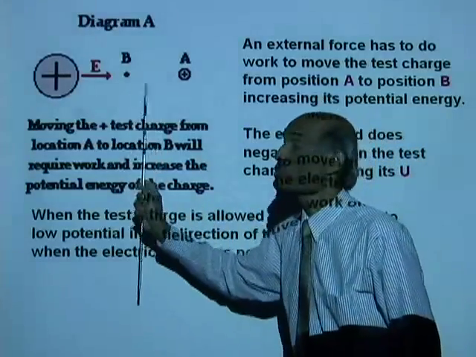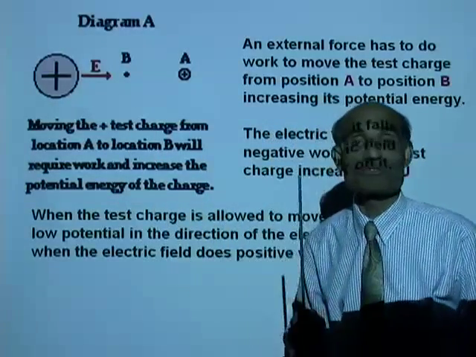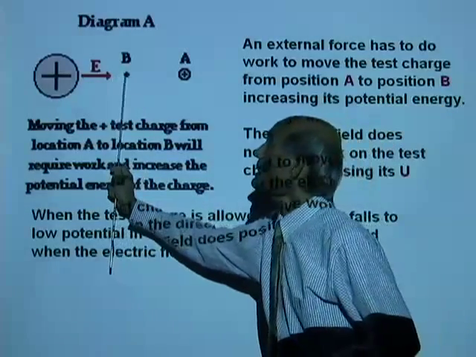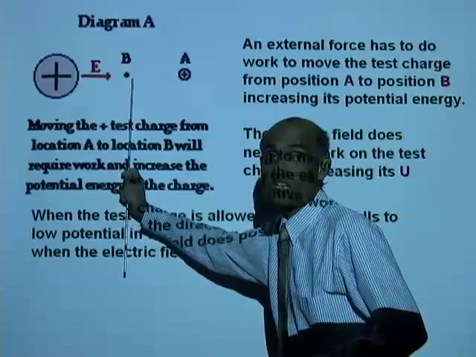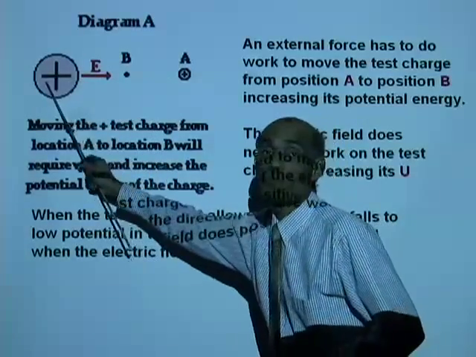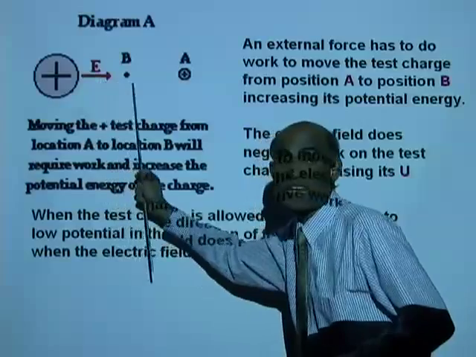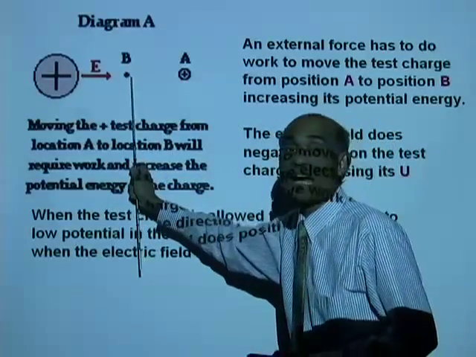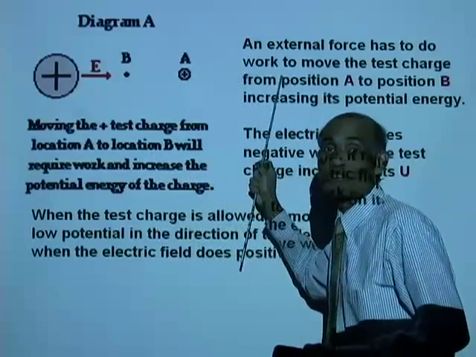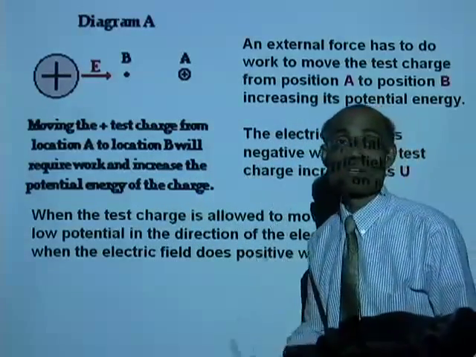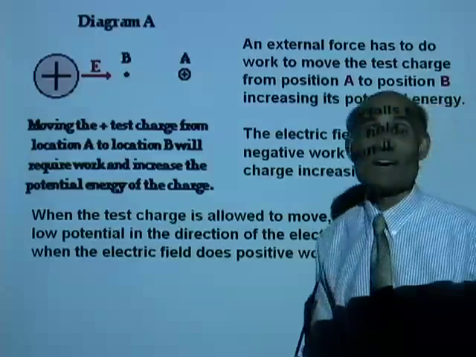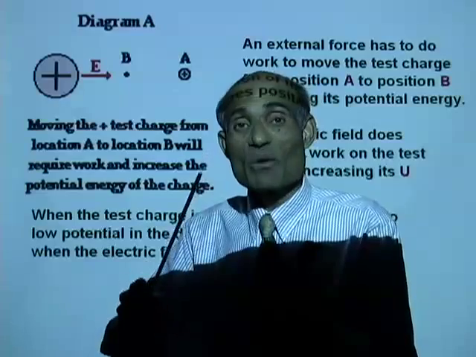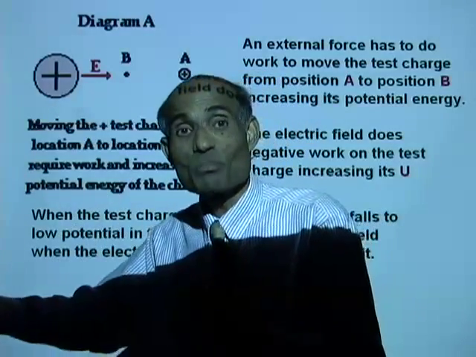What is the direction of motion of a positive charge in an electric field? You can see, if you leave the positive charge, it will move away from this positive charge in the direction of the electric field. Now, when it does that, its potential decreases. Therefore, we can very conveniently say that the direction of an electric field is the direction of decreasing potential.